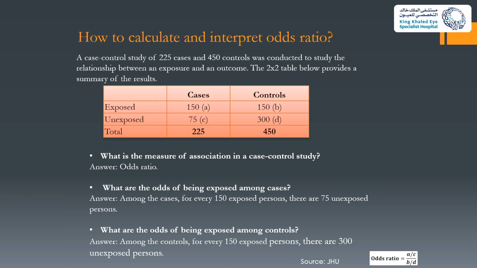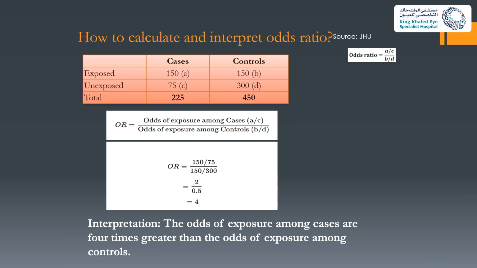Among controls, for 150 exposed, 300 are unexposed. You first calculate the odds of exposure among cases, then the odds of exposure among controls, and then the odds ratio is calculated. So you can calculate it like this. This is the interpretation.